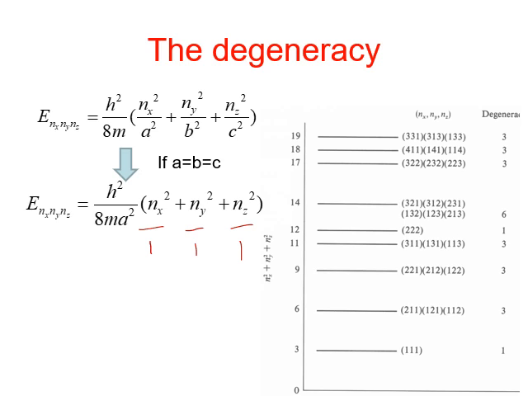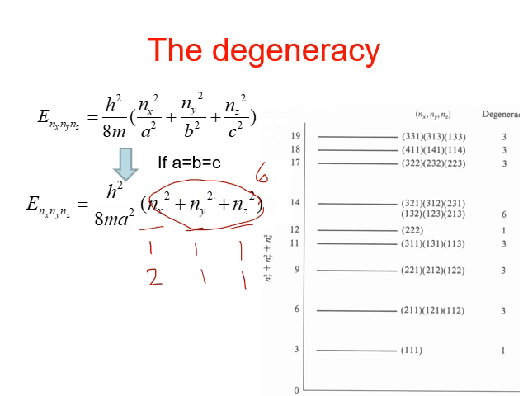What about the energy above it? That means one of them is 2. So for example, when nx is 2, ny is 1, and nz is 1, then nx squared plus ny squared plus nz squared is 4 plus 1 plus 1, which is 6.